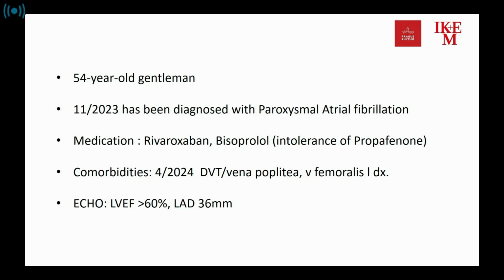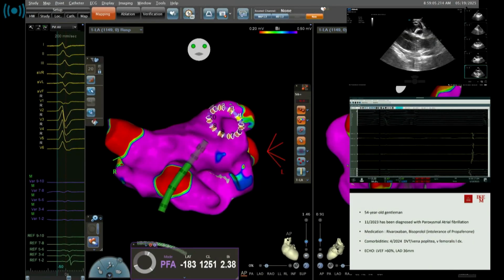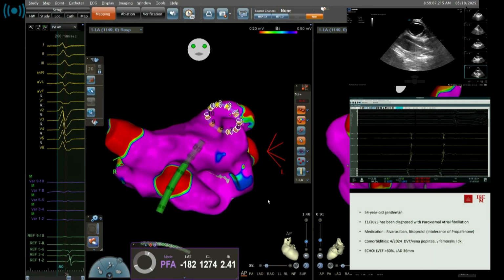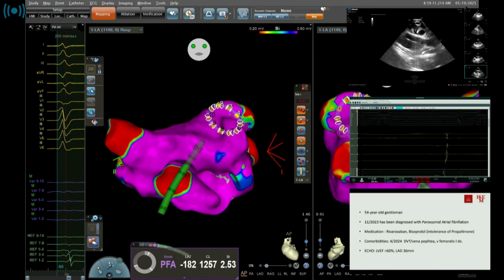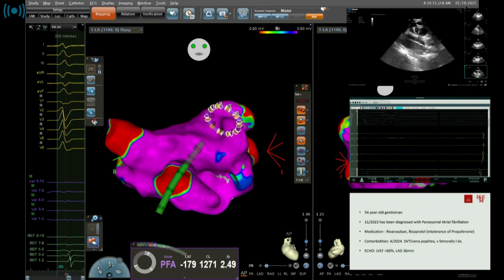And here is Maximo, and I think he will continue. Hi, Joseph. Hi, everybody. We have just finished the left atrial map, anatomical and voltage map. We have a very, very small left inferior pulmonary vein, and a good right inferior pulmonary vein for anatomy.